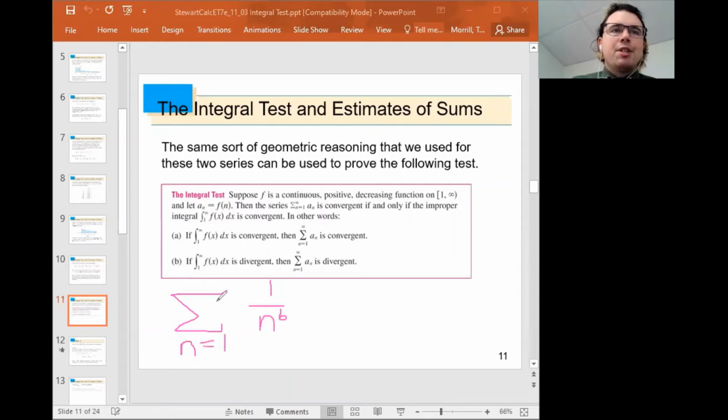How do I know whether this sum converges or diverges? Well, I am going to compare it to this integral instead, where I change my integral to 1 divided by x to the power 6, dx. I integrate starting at x equals 1. I go to infinity. Again, this is an improper integral.